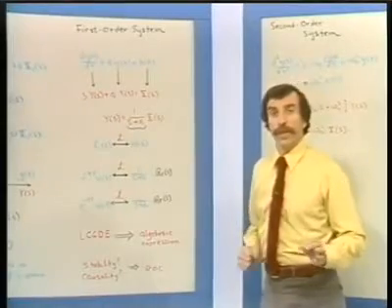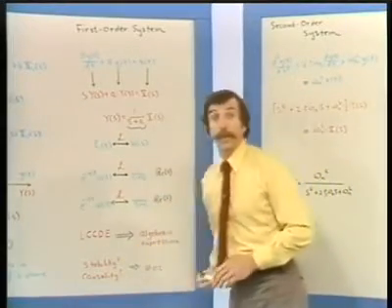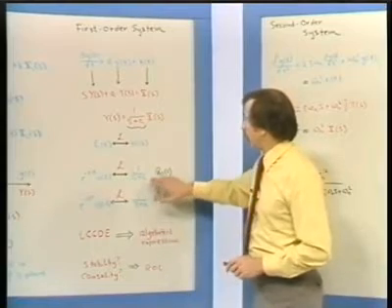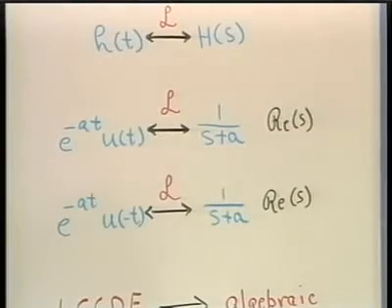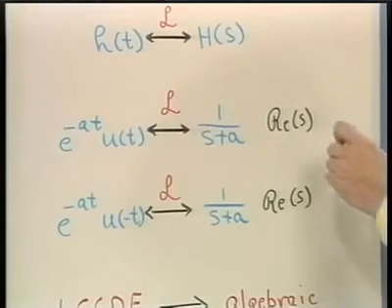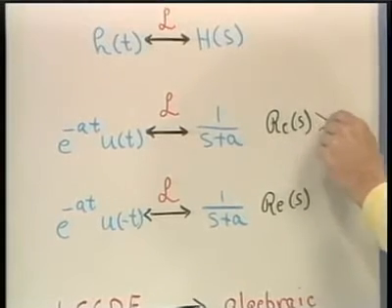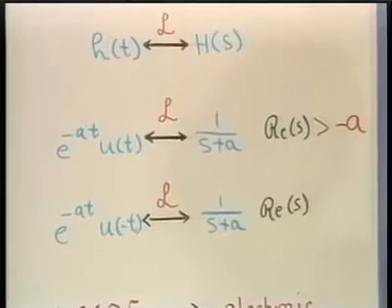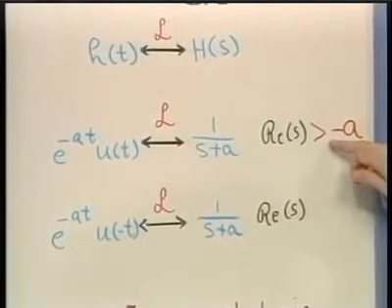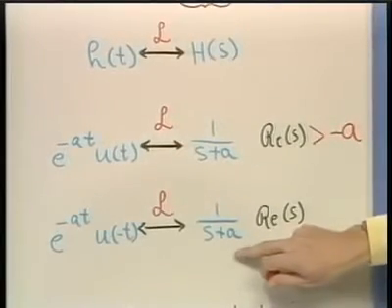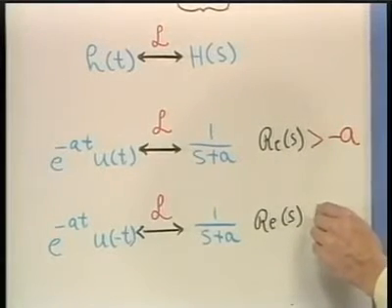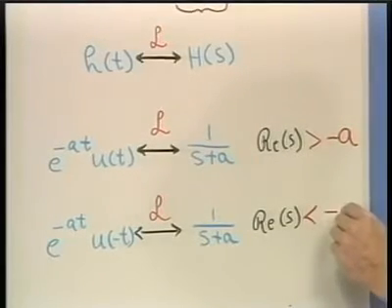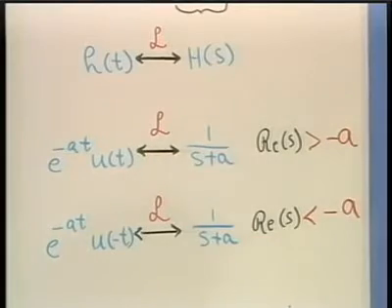Which one of these do we end up picking? Well, recall that the difference between these was in their region of convergence. In this case, this corresponded to a region of convergence which was the real part of s greater than minus a. In this case, this was the corresponding Laplace transform, provided that the real part of s is less than minus a.